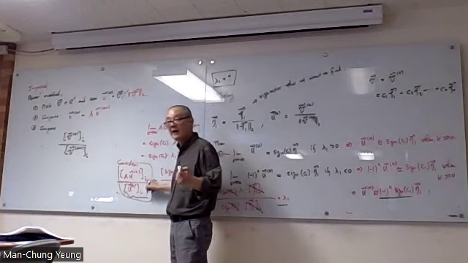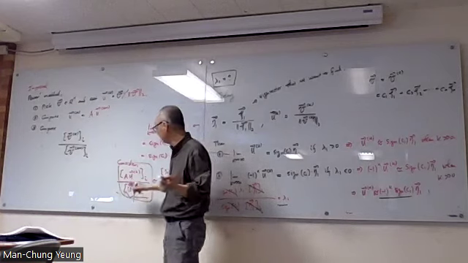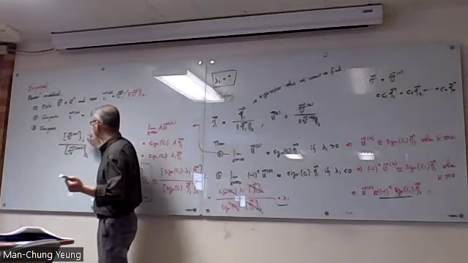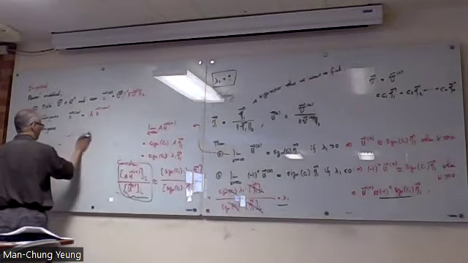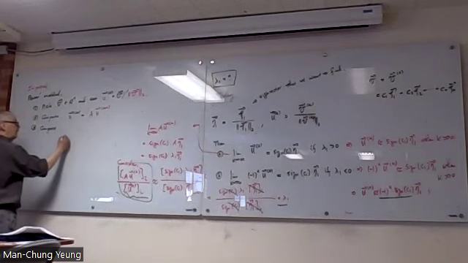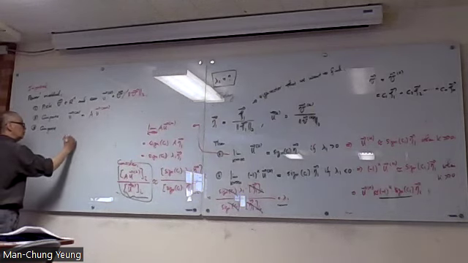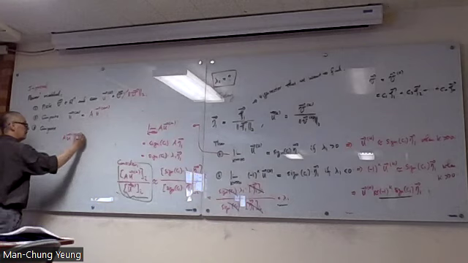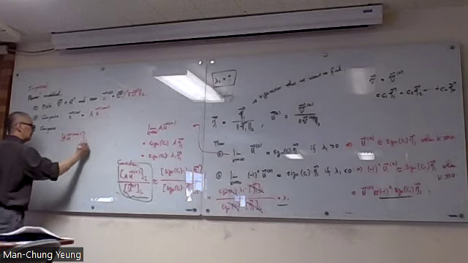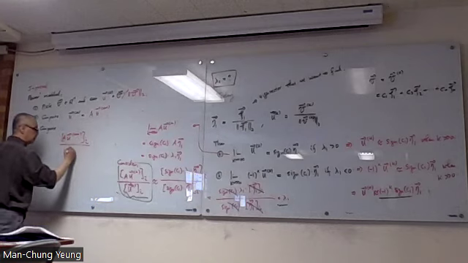Then take the ith entry over u k minus 1.